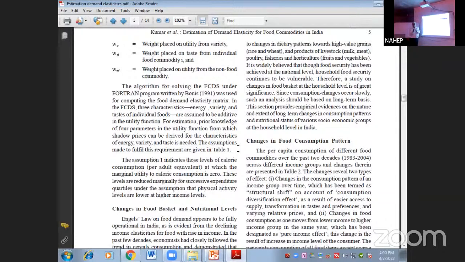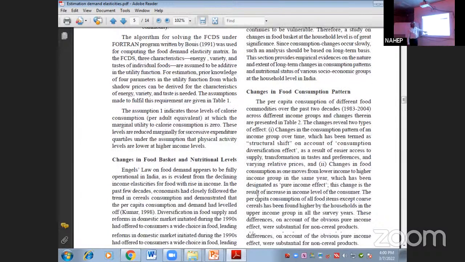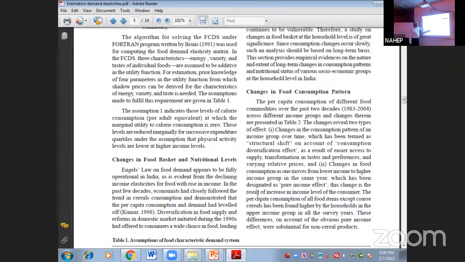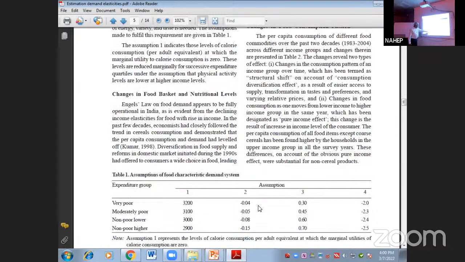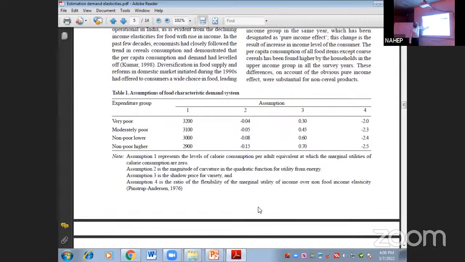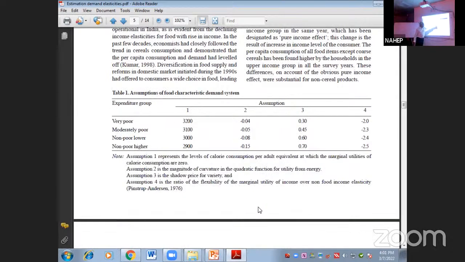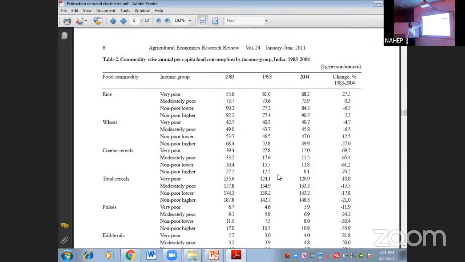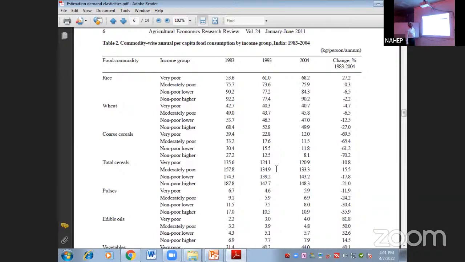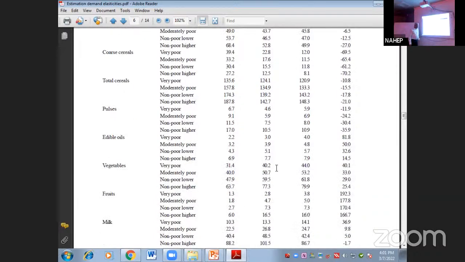Here you find more details about the estimations, and here also you get a food basket and nutrition level. Based on that, we apply this. These are the calories, these are the money coefficients, and I forgot many. So that way you will compute so beautifully all the elasticities and conventional shares.